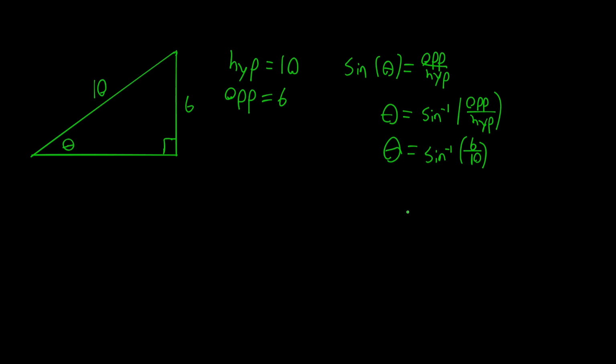Now, you can simplify that fraction to 3 over 5, but it's not going to make a difference for the end result here. We're going to get that theta is equal to 36.86 degrees, or we can round that to 37 degrees. So therefore, the angle theta is equal to 37 degrees.